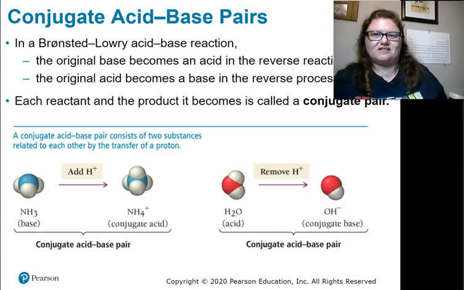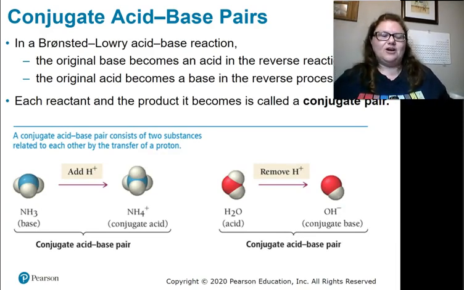It's kind of tricky with this topic, right? So here we have two different ones. Let's just read the bullet points up top here first, and then we'll look at the pictures individually. So it says a Bronsted-Lowry acid-base reaction: the original base becomes an acid when the reaction goes in the reverse direction.